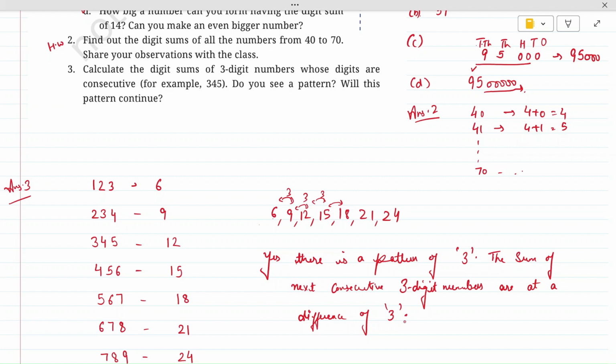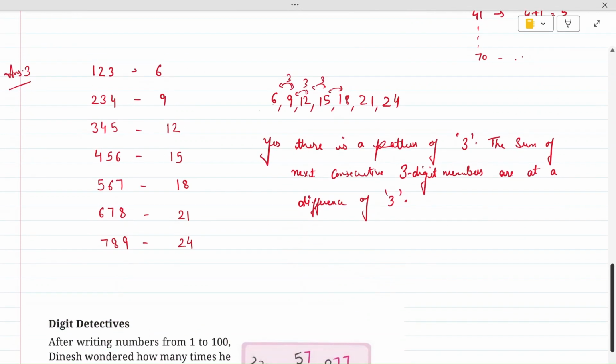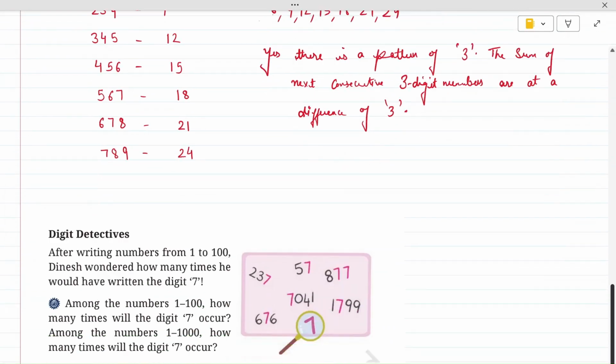Okay, so this is what we have found out here. This is how we have seen this pattern.